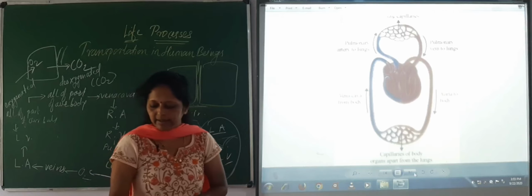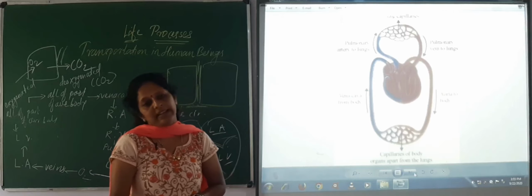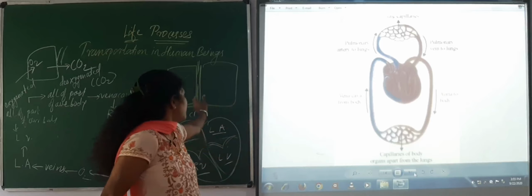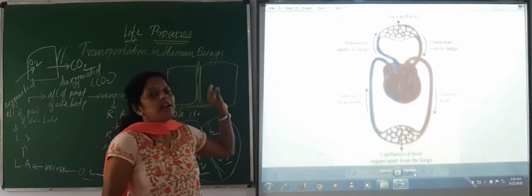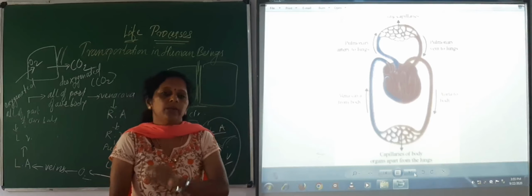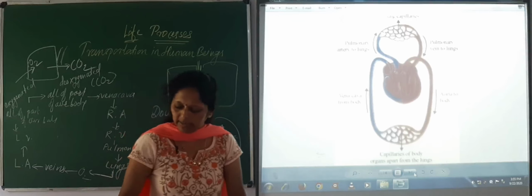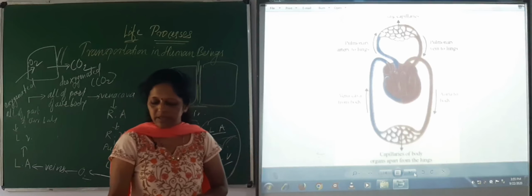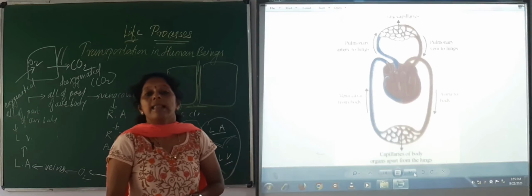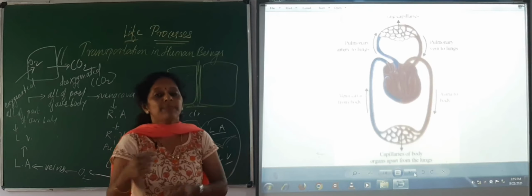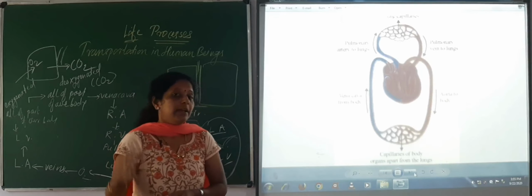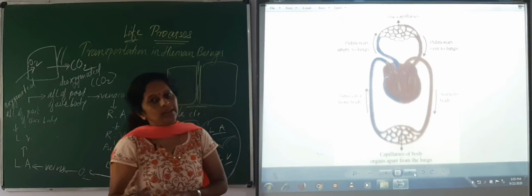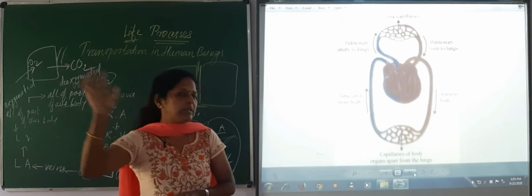Lymph drains into the lymphatic capillaries. From the intercellular spaces the lymph moves and enters the lymphatic capillaries. See, blood capillaries are different; the lymphatic system is present again in our body.